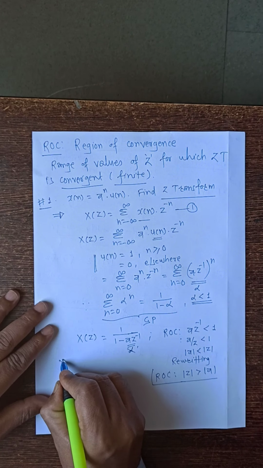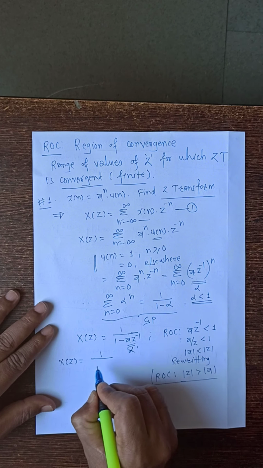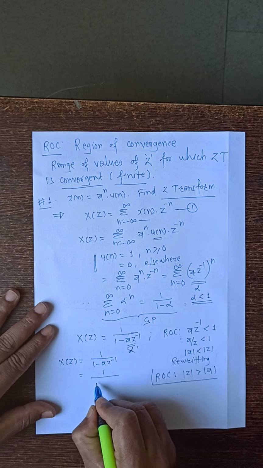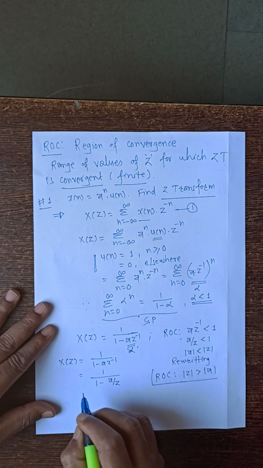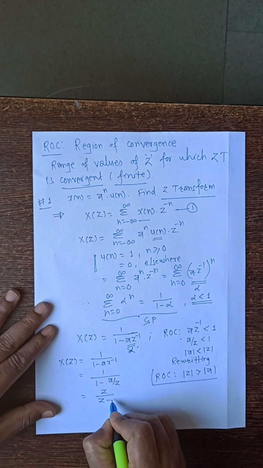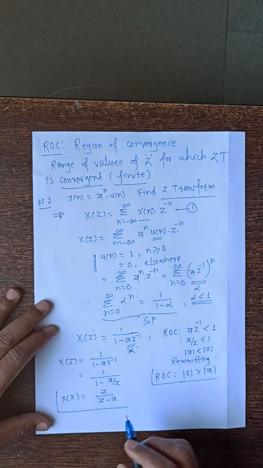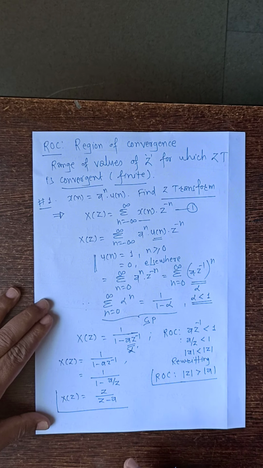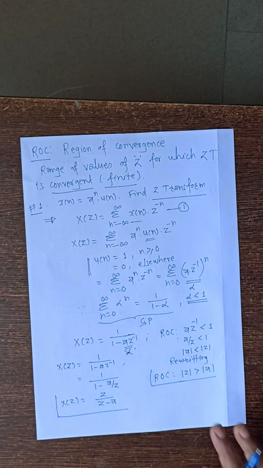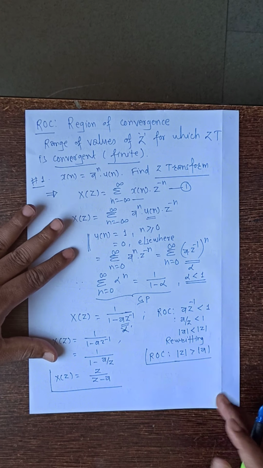This can be further simplified like this: X(z) is equal to 1 divided by 1 minus a z^(-1), that is equal to 1 divided by 1 minus a by z, that is equal to z divided by z minus a. This is X(z). You can put it either way, z divided by z minus a, with ROC magnitude of z greater than magnitude of a.